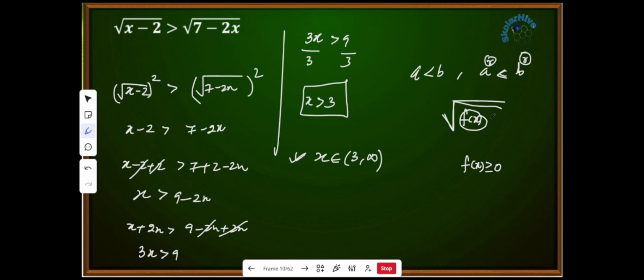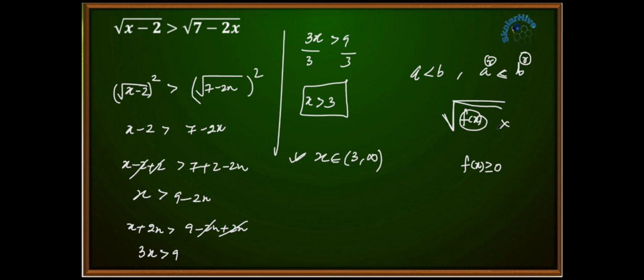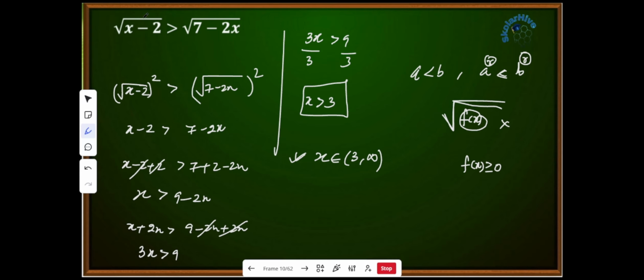If it is negative, this square root will not be defined. So we have to look for the domain of this expression as well as the domain of this expression also. So here, by taking a square on both sides, we got the values of x to be greater than 3. So keep this as equation number 1.